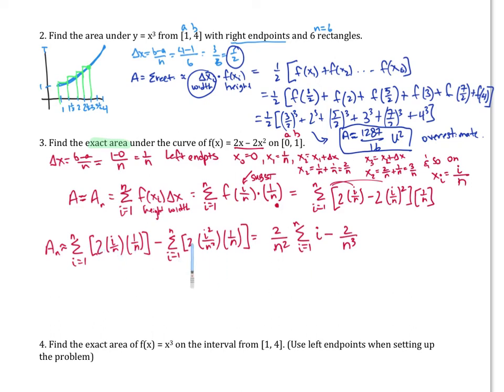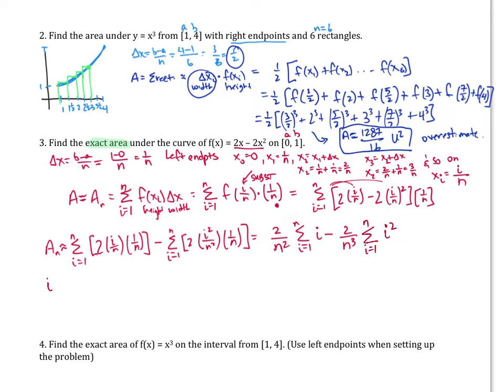And the second part will have in common 2 over n cubed is what I could take out of this, because that's my constant in the summation. So this will be the sum from i equals 1 to n, and then I end up with just this i squared right here.